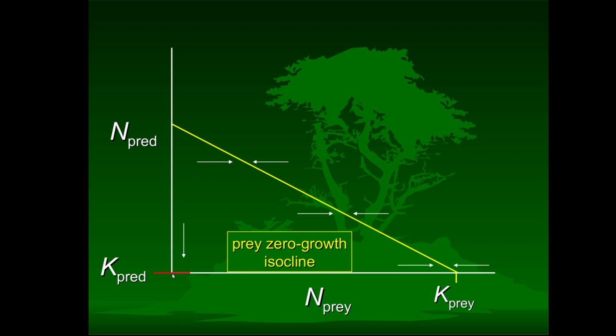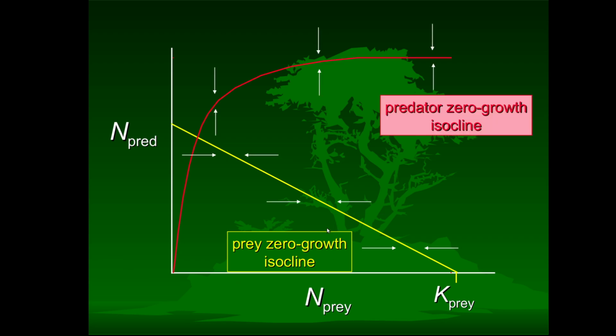So it cannot exist in the absence of its prey. So the predator itself goes to extinction. As a first assumption here, we'll change this. So the predator's isocline is positive. Adding prey increases the predator's maximum density. Positive slope indicating a plus effect on the predator.